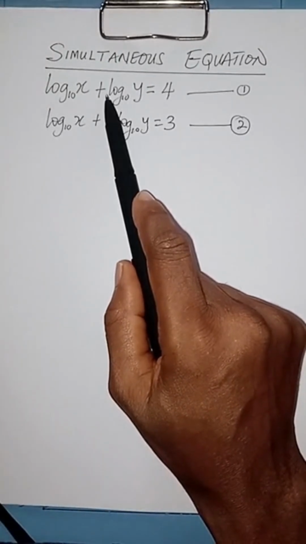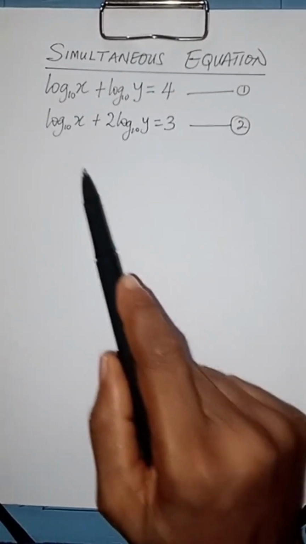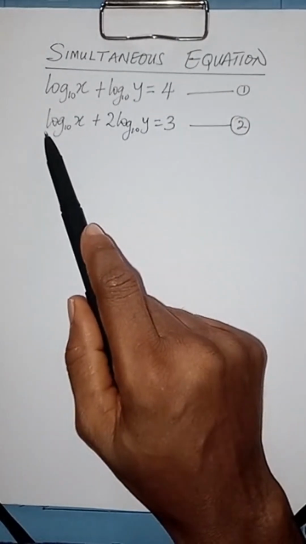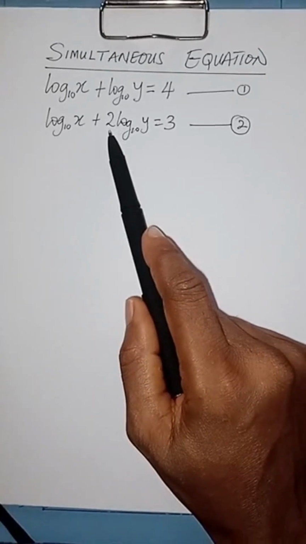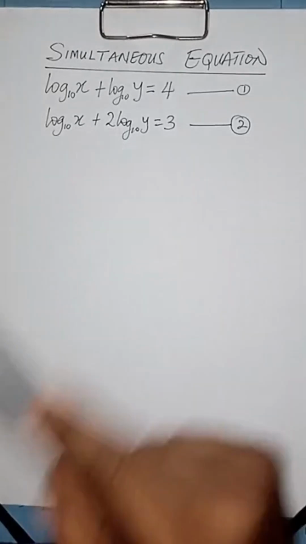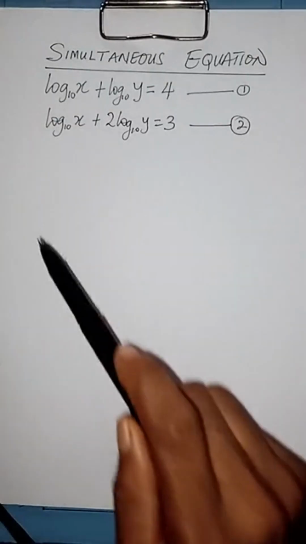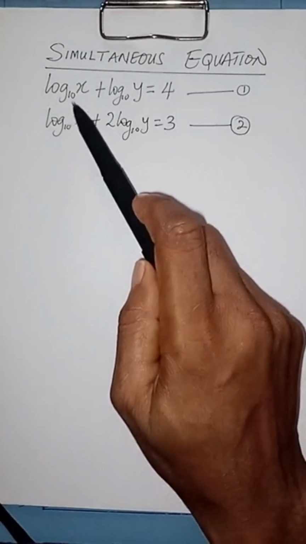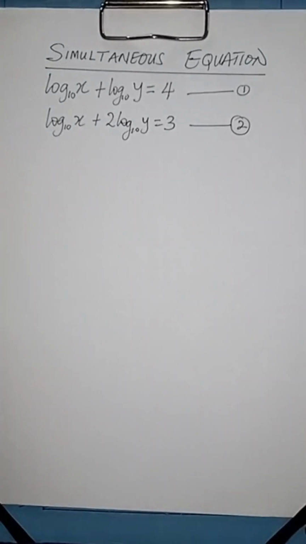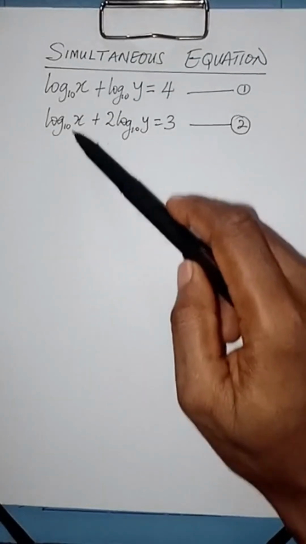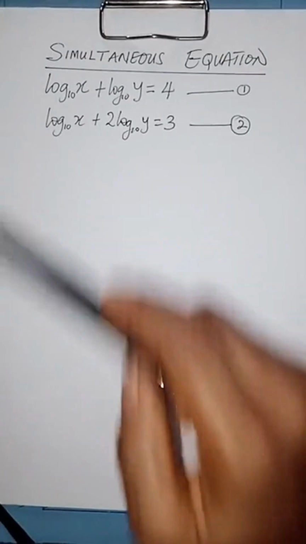In equation 2, the coefficient of log x is 1, but the coefficient of log y is 2. So it is easier for us to eliminate x so as to get a value for y and then subsequently get a value for x. Why am I eliminating this? Because they have the same coefficient.